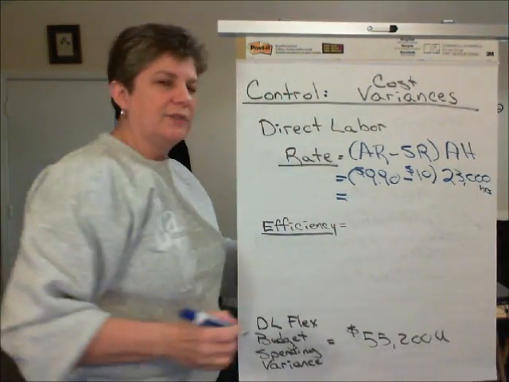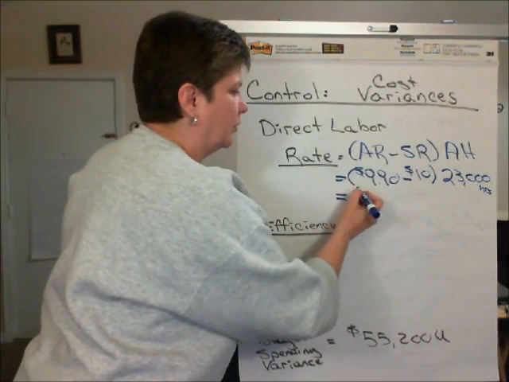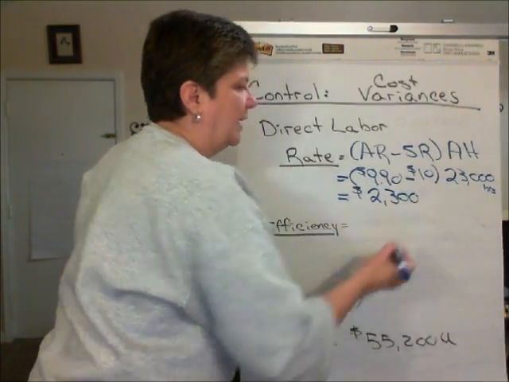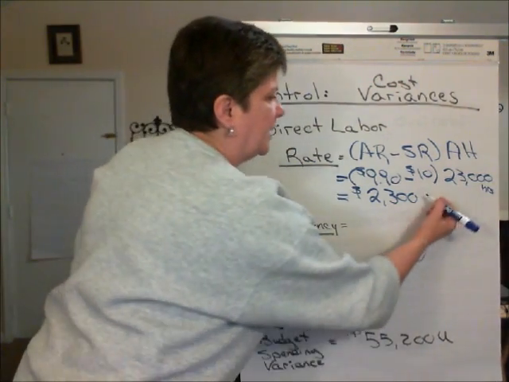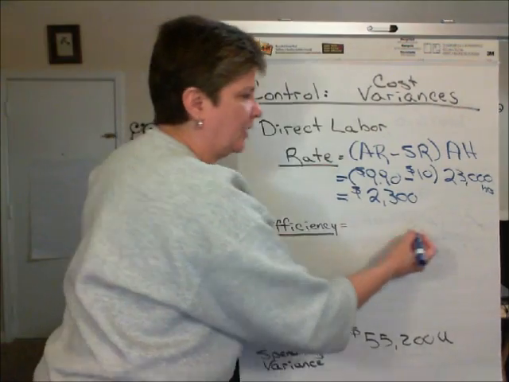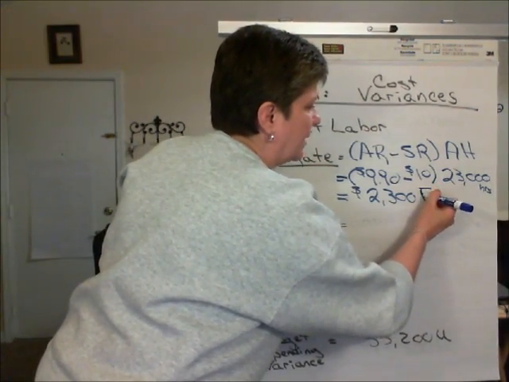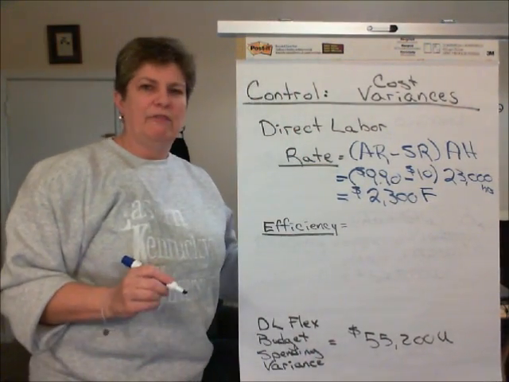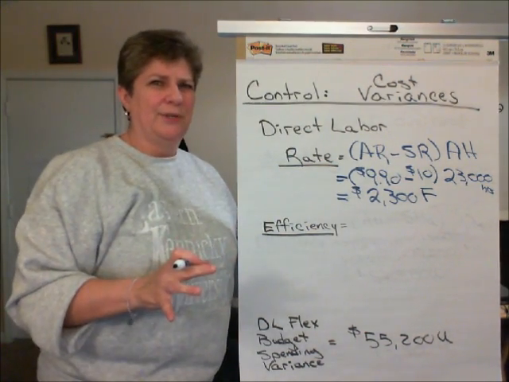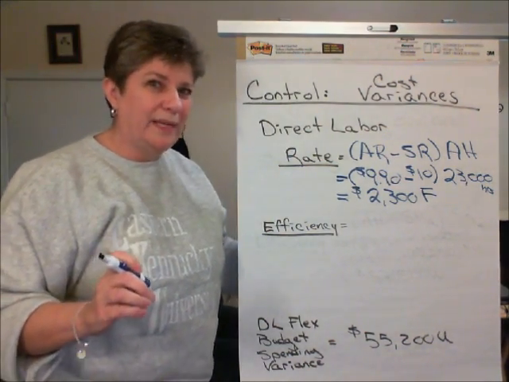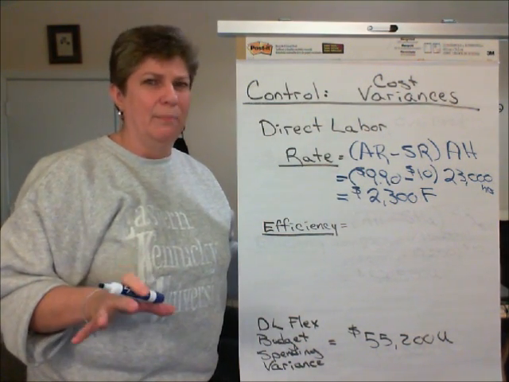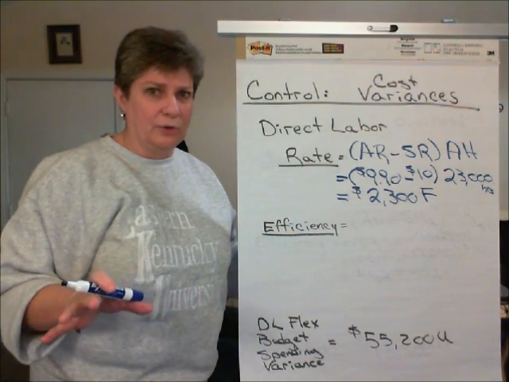So 10 cents times 23,000 hours, the net labor rate variance is $2,300, and since we paid less than the standard called for, that's going to be a favorable variance.